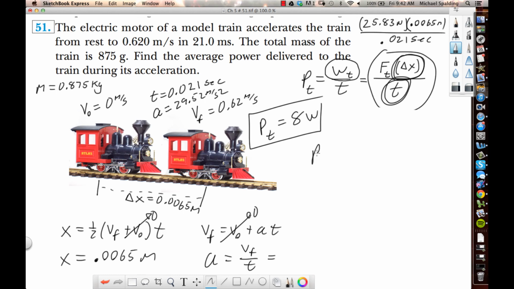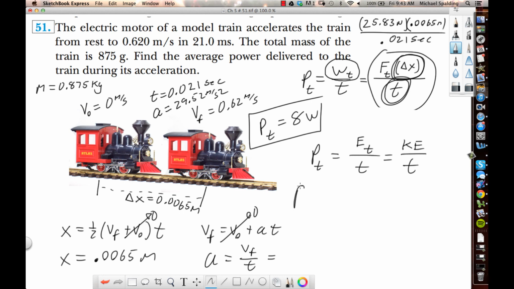So we're going to say the power of the train equals the energy gained by the train over time. What's the only energy that this train gains? Kinetic. If it were going up a hill, it would be gaining gravitational potential energy, but here it's on a flat surface, so the only energy gained is kinetic.